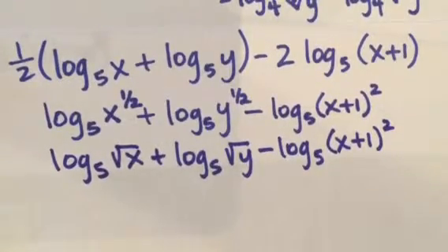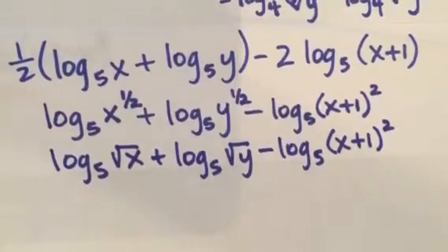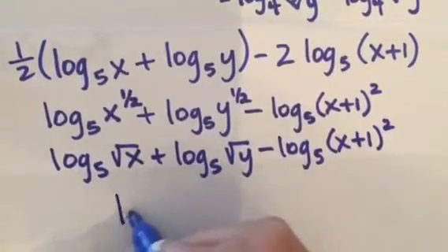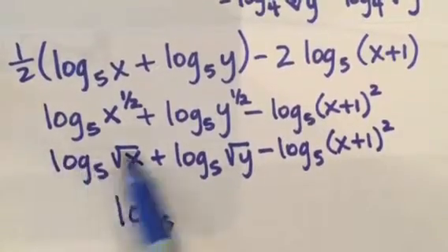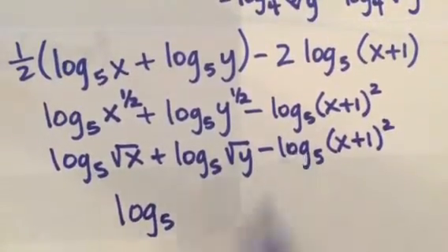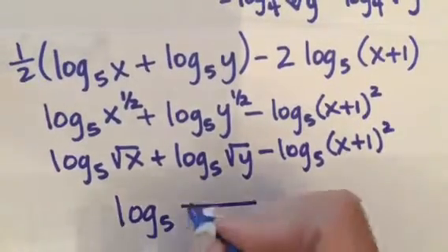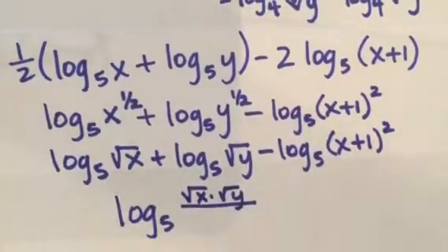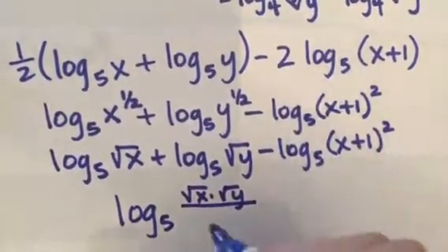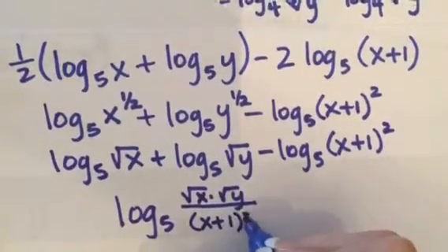All right, so now we have 3 logarithms. They each have a base of 5, so I can condense them into a single logarithm with a base of 5. I've got 2 positive things, and I have 1 negative thing. So those positive things are going to go in my numerator, the square root of x times the square root of y, and the negative thing will go in my denominator, and that is x plus 1 quantity squared.